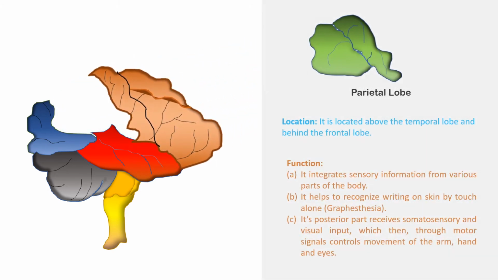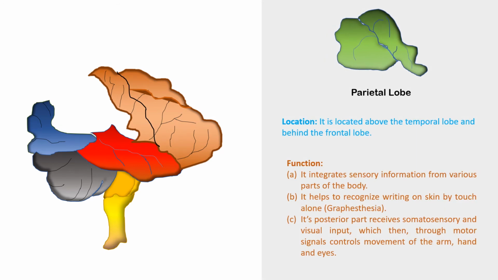Next we will discuss the parietal lobe. It is located above the temporal lobe and behind the frontal lobe. Okay. Number one, it integrates sensory information from various parts of the body. So the parietal lobe is basically involved with sensory information.